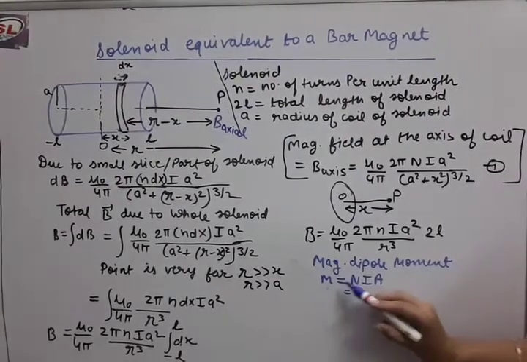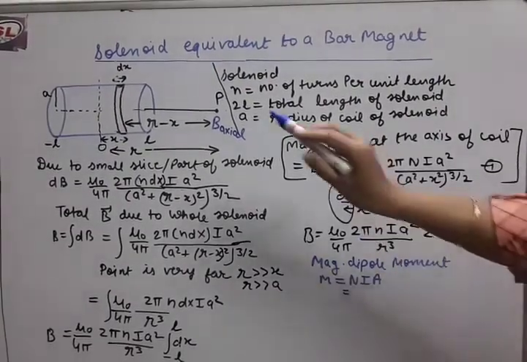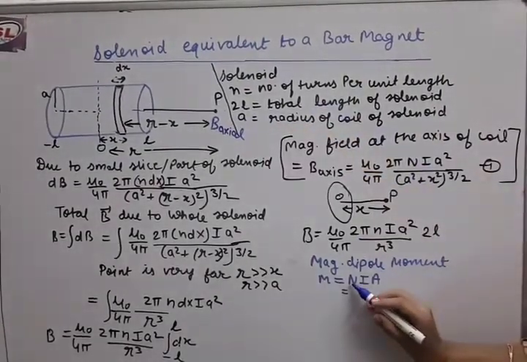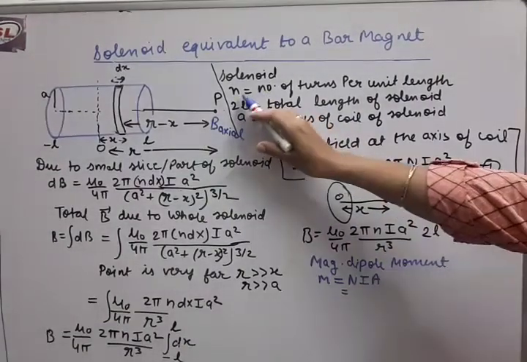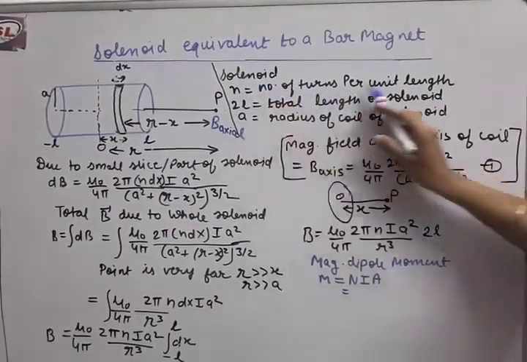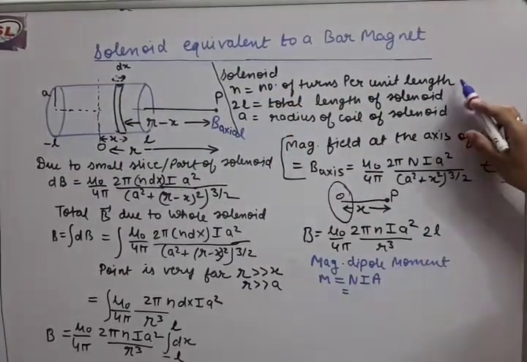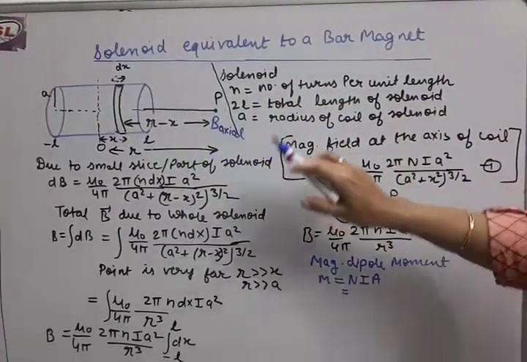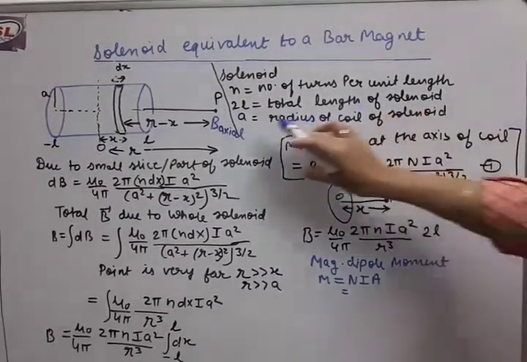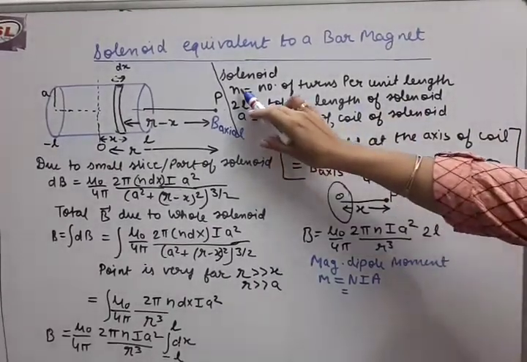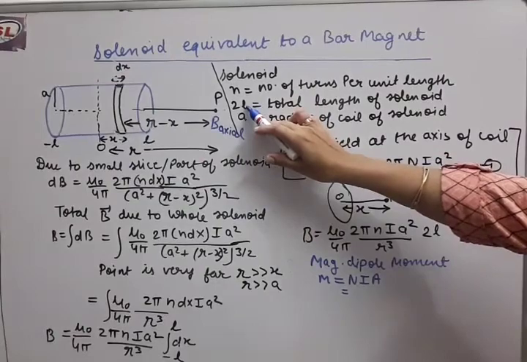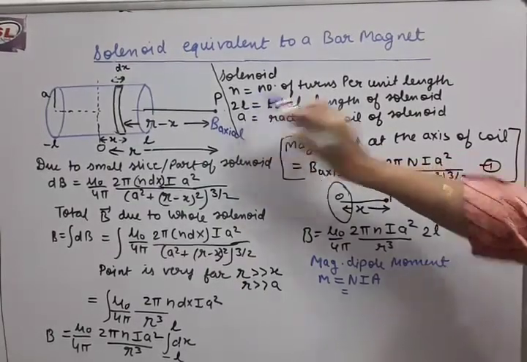N means total turns in this solenoid. So small n, the number of turns per unit length, we should multiply with the total length. What is the total length of the solenoid? 2L. If I multiply n with 2L, I will get total turns.